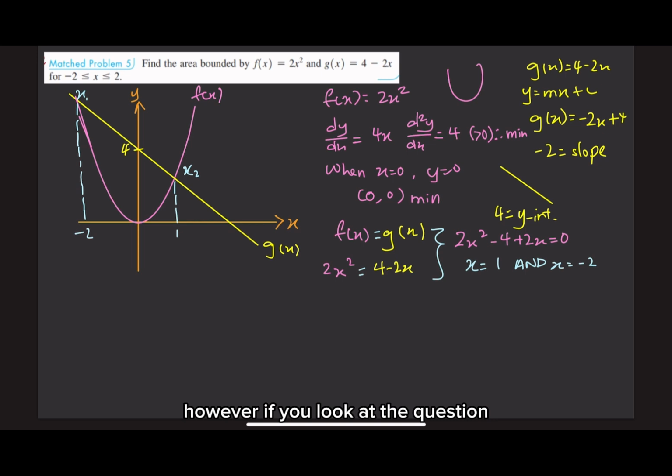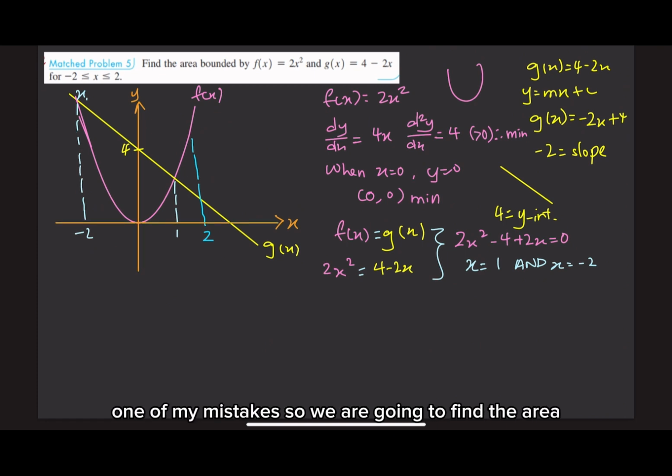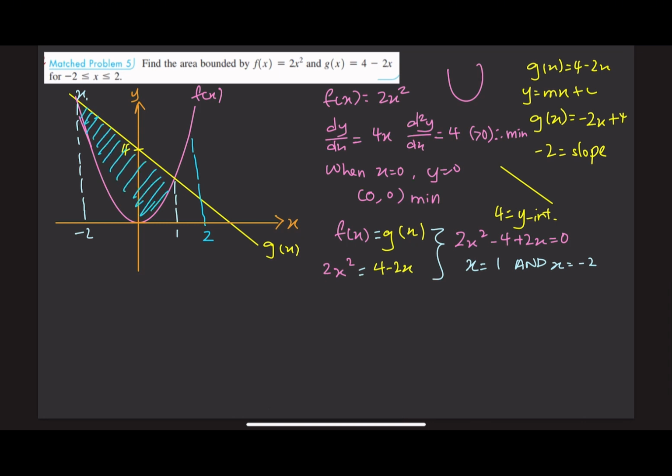However, if you look at the question, what are they asking? They're asking to find the area from negative 2 to 2. That means we are going to have to find, pardon my mistake, not only this area here, but we're going to find this area here as well.